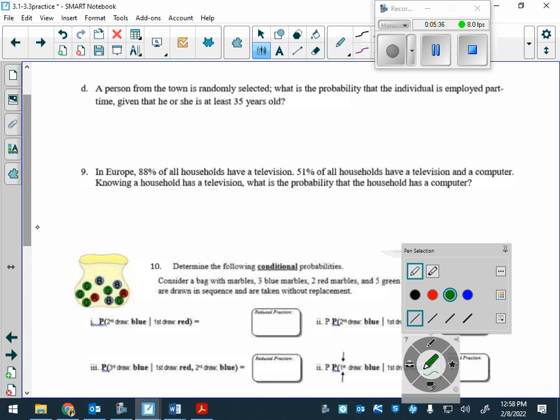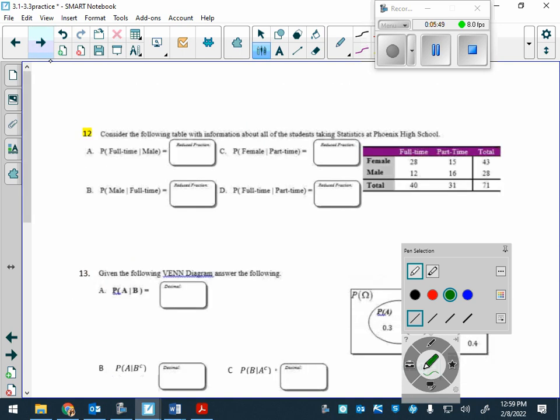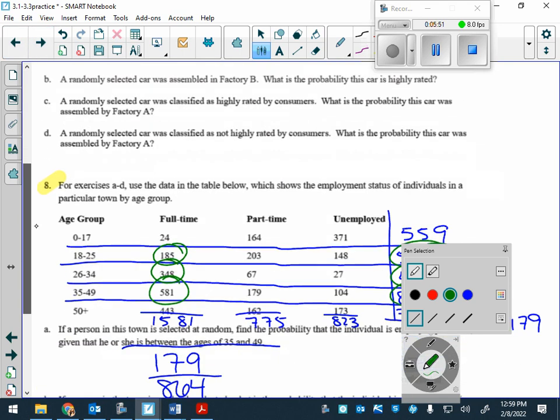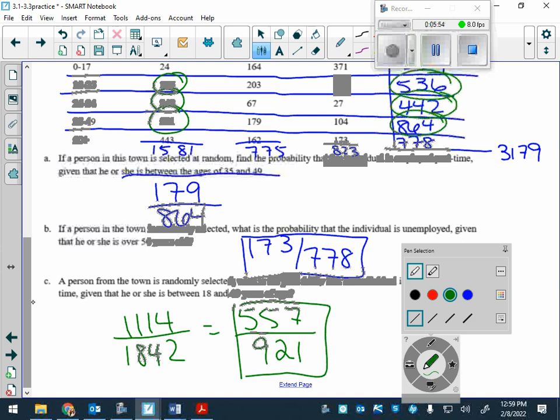Go ahead, Caitlin. Excellent. Okay. At least 35 years old. So since it's at least 35 years old, it's going to be these two as your denominator. Okay? So you add those together, then you look for part-time, and again, it's these two. All right? And any questions about those few?